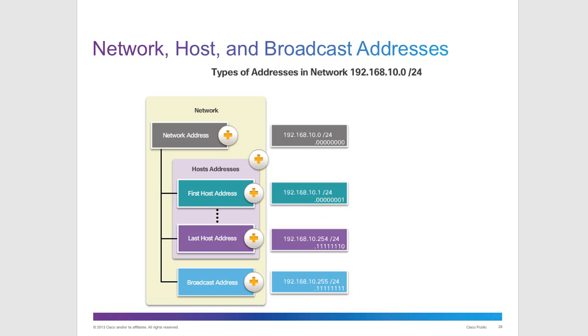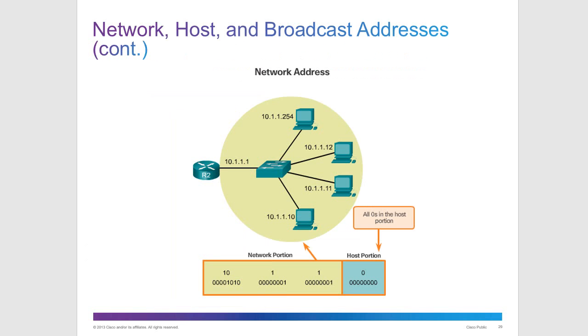Moving on. Your network address, again, is the first address in the network range, in this case 10.1.1.0. You can see that situation I just explained comes up, where you would assign the first available address, 10.1.1.1, to your router, and then you have other addresses assigned to your different devices in the network.